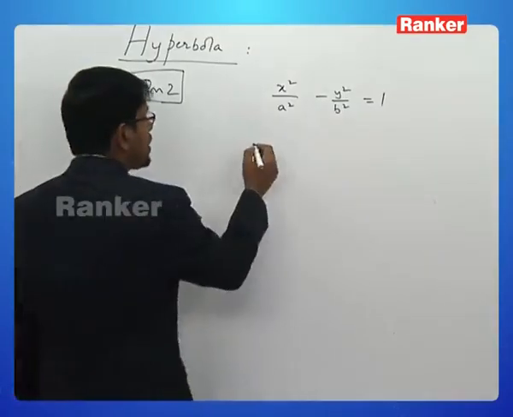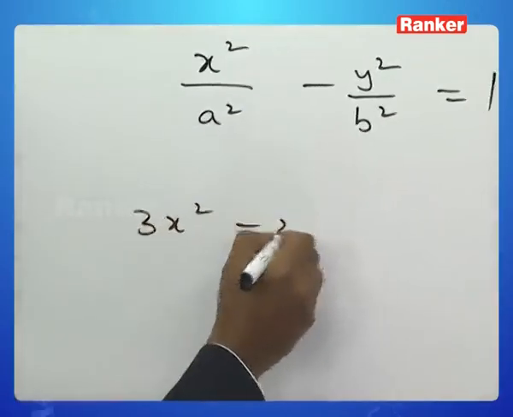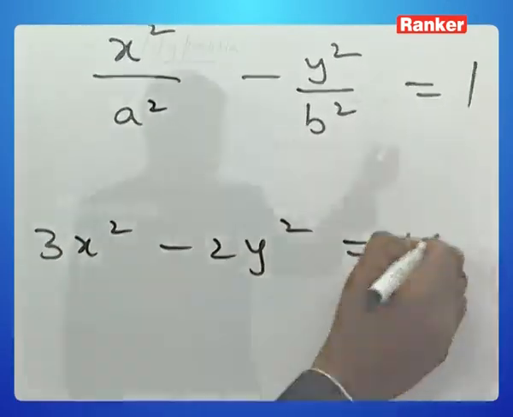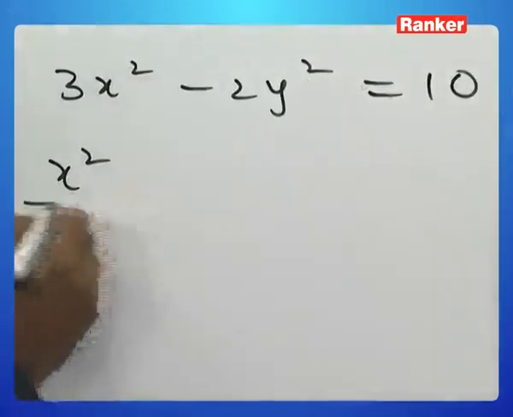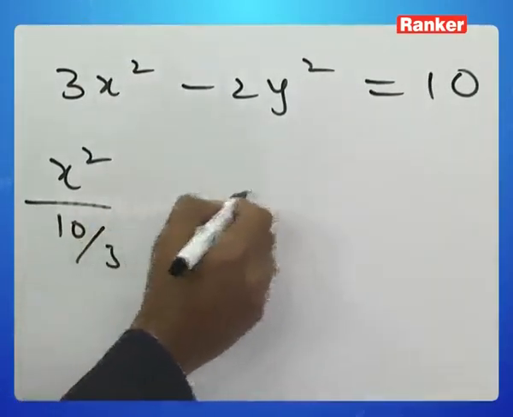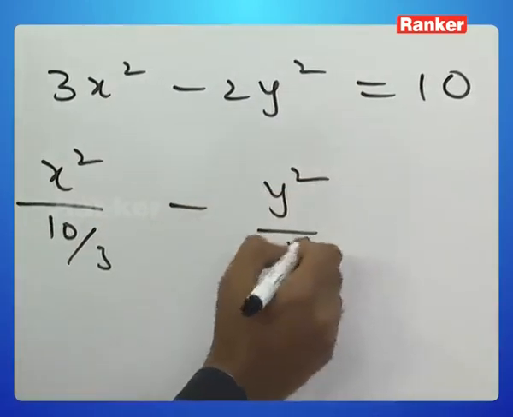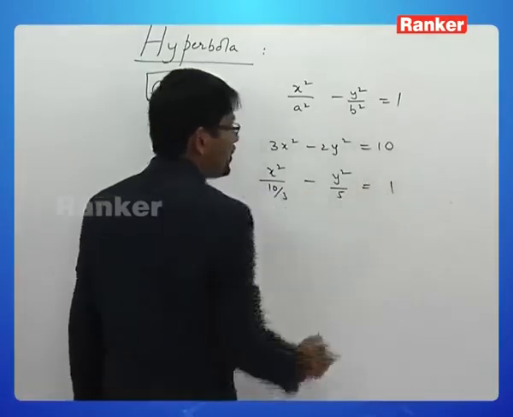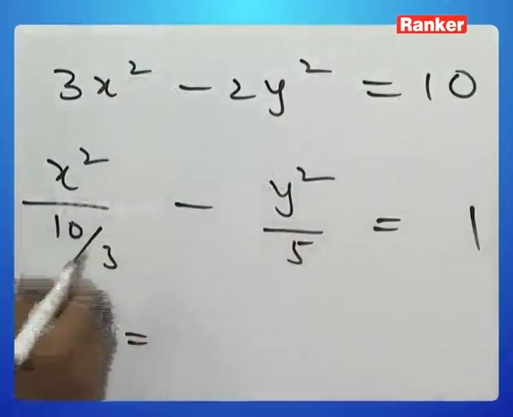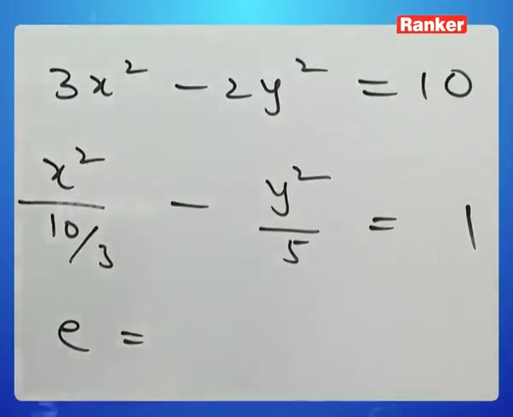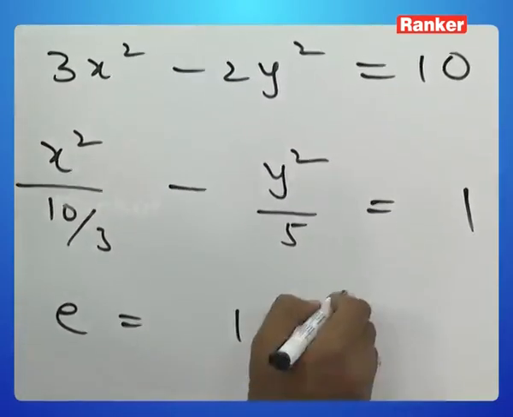The second option is 3x square minus 2y square is equal to 10. That is x square by 10 by 3 minus y square by 5 is equal to 1. Now what is eccentricity for this? Eccentricity will be under root of 1 plus b square by a square.